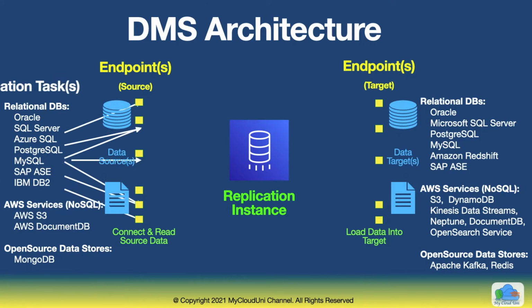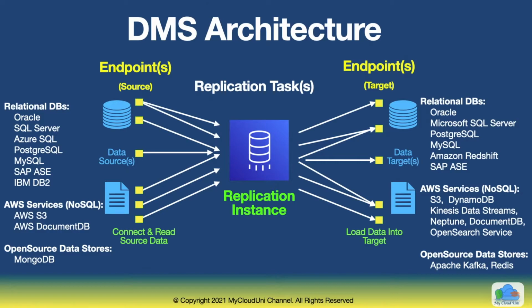And once you have the endpoints up and running, then you actually define the tasks, replication tasks. These tasks define what schema objects you want to migrate from source to target. For example, you can specify all tables from a particular schema or multiple schemas. I want from this source endpoint, and then write it into, let's say, a target endpoint in DynamoDB.